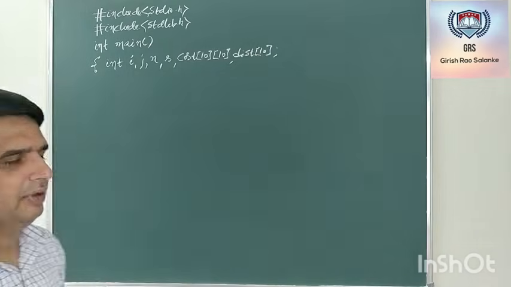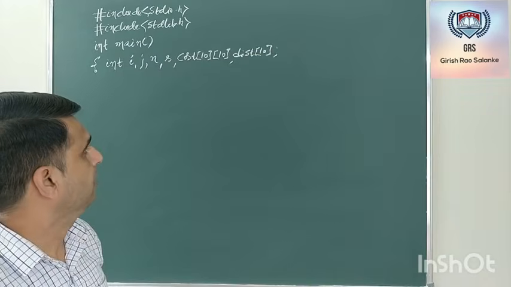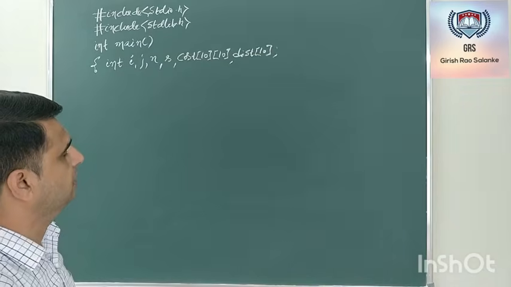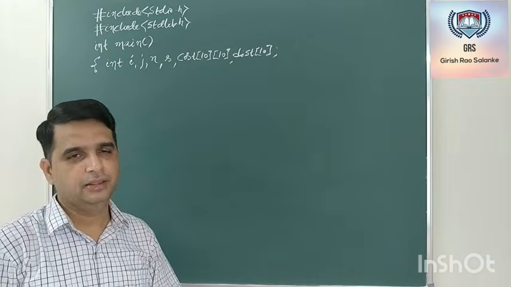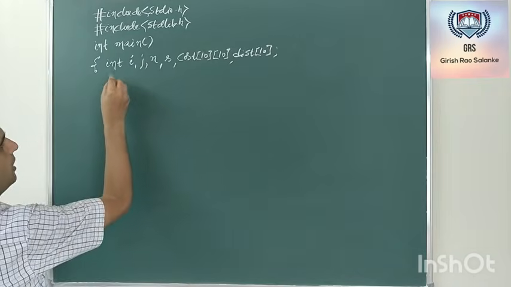If we require, we'll add some more variables later. So initially we'll start with reading the number of vertices and the adjacency matrix or the cost matrix.